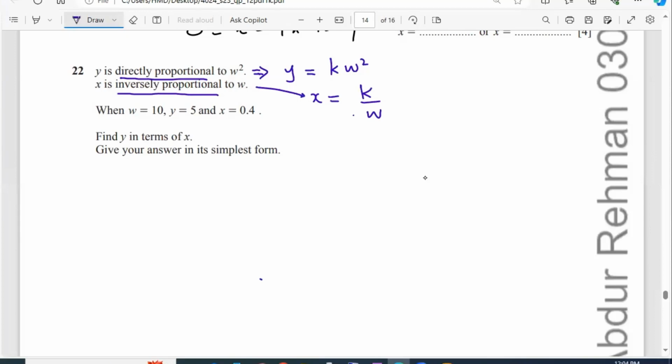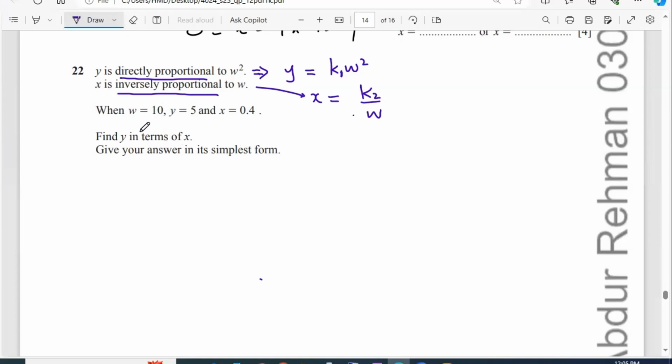So assume this constant is K1 and this constant is K2. Constants are not the same in both proportionals. When W equals 10, Y equals 5, and X equals 0.4, find Y in terms of X. Give your answer in its simplest form.